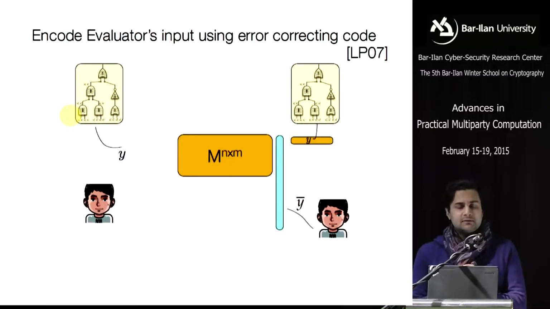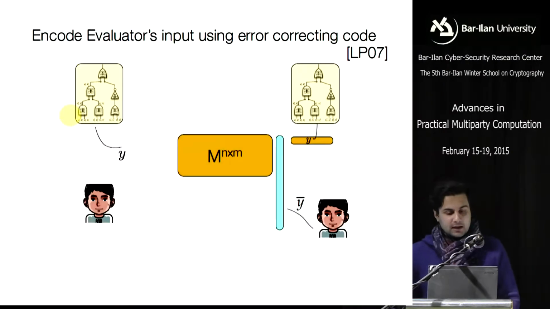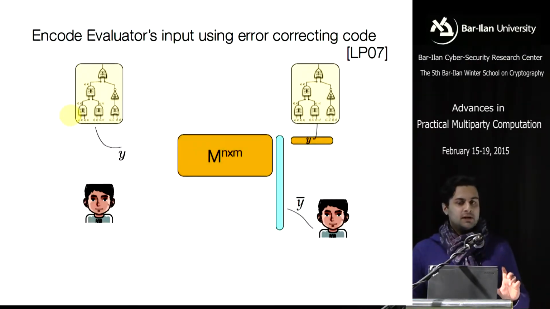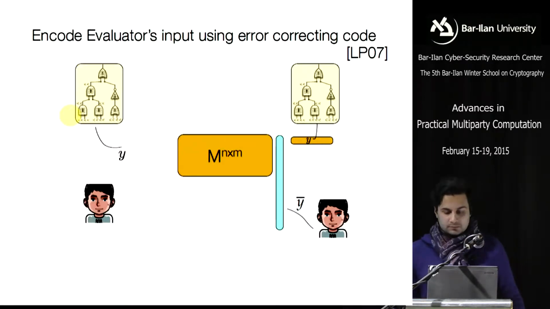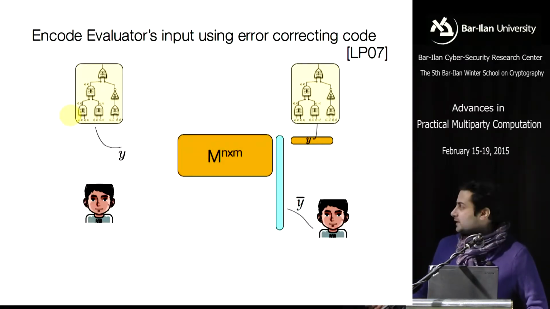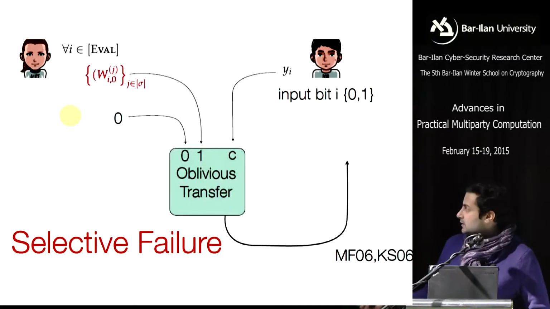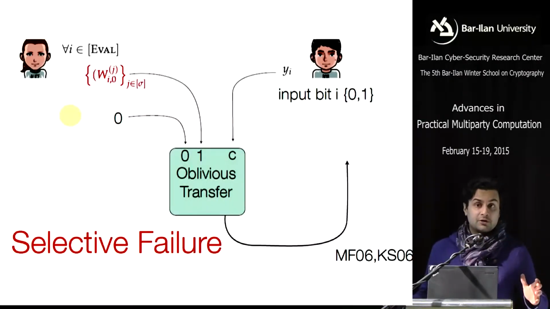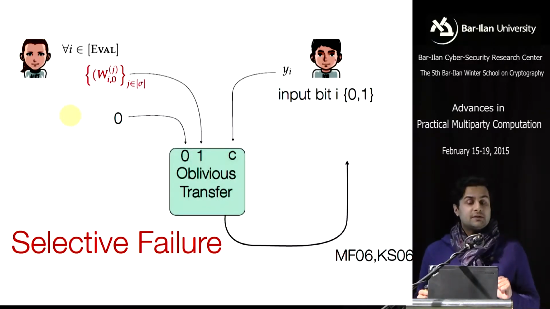So the idea here is going to be the idea from Lindell-Pinkas, and the idea is to encode the input in a special way. So the problem with this case is that when Bob inputs just his input bit, and Alice does a selective failure attack, if there's a failure, Alice immediately learns the bit.